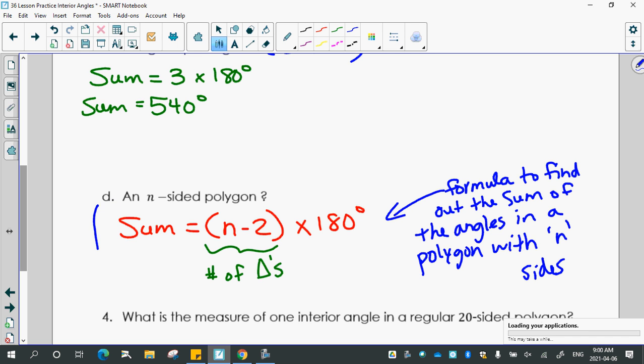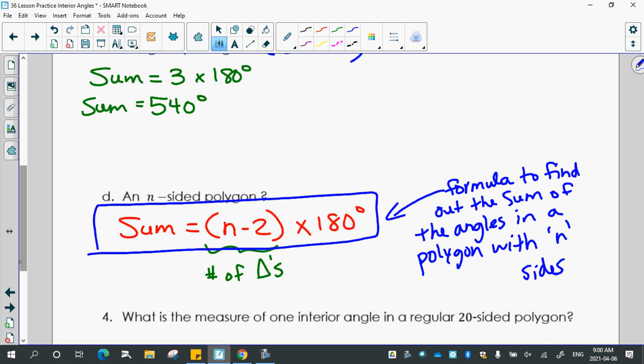So this formula is probably the only formula you need for the angle unit, and it's an important one to remember. So star it or highlight it.